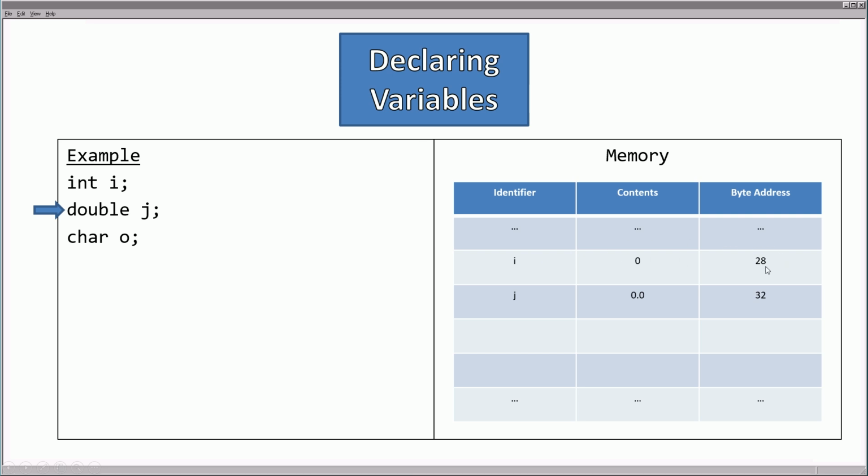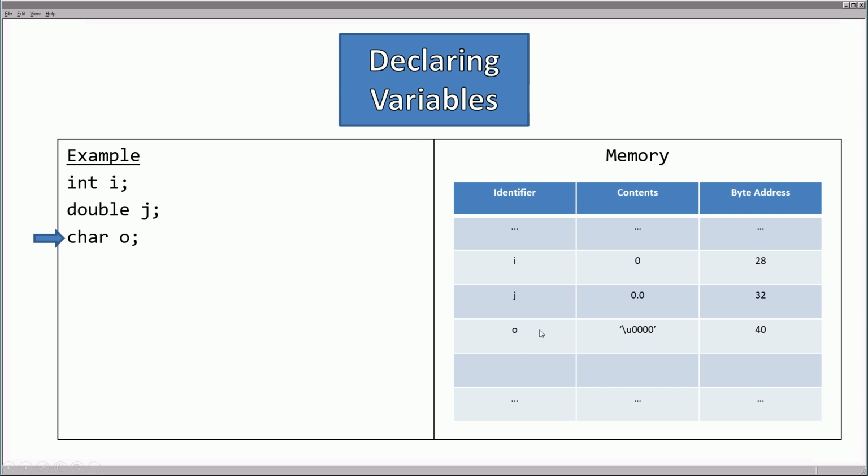So going from 28 up until 32, this is the contents of the integer value. We also know that doubles take up 8 bytes in memory. So once we get to character o and we declare that, we add 8 plus 32, which now this character starts at byte address 40.